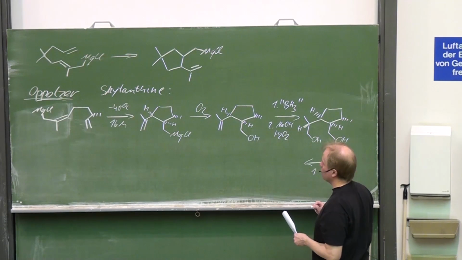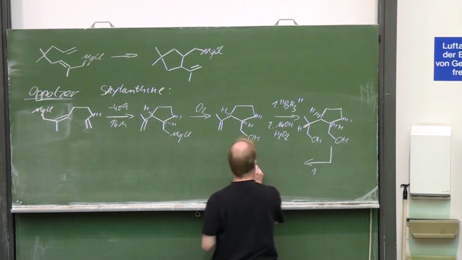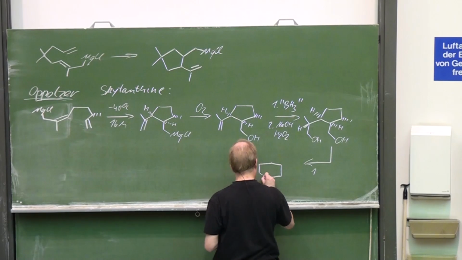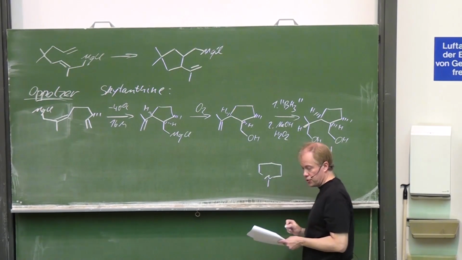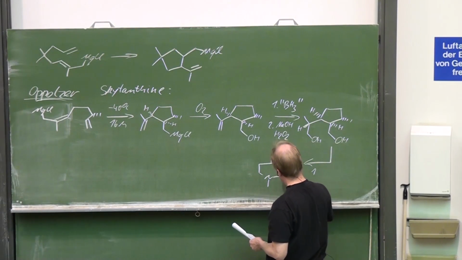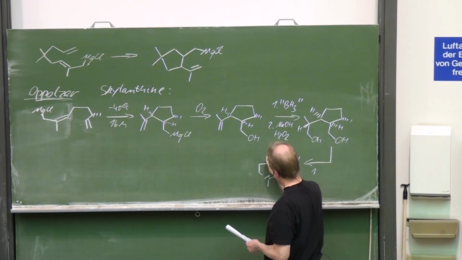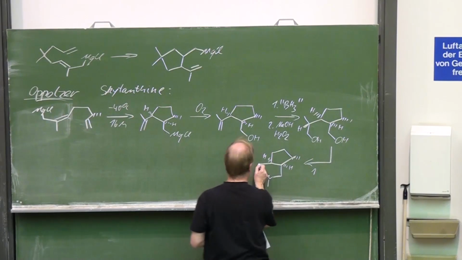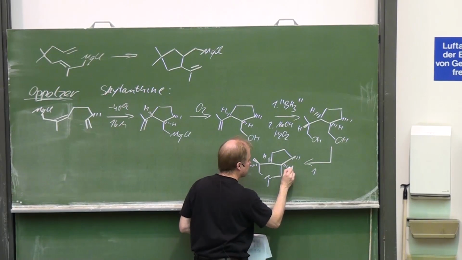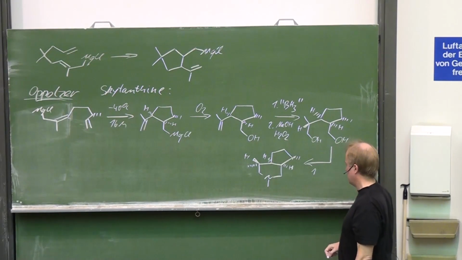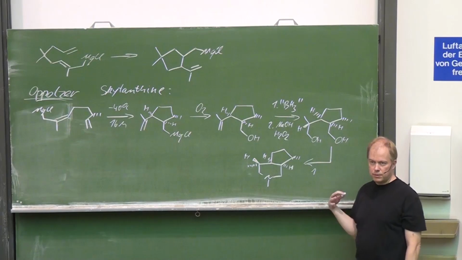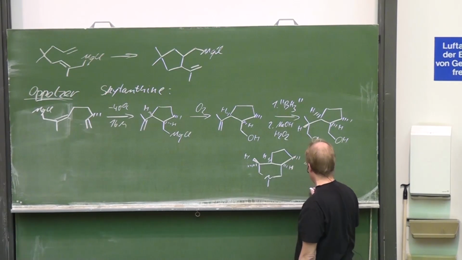So, for getting to the target compound, it's an alkaloid, we have to introduce the nitrogen functionality. Well, it's clear that we need methylamine as the nucleophile.